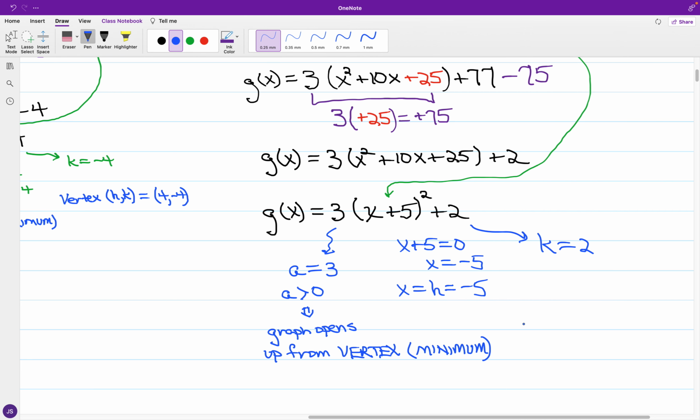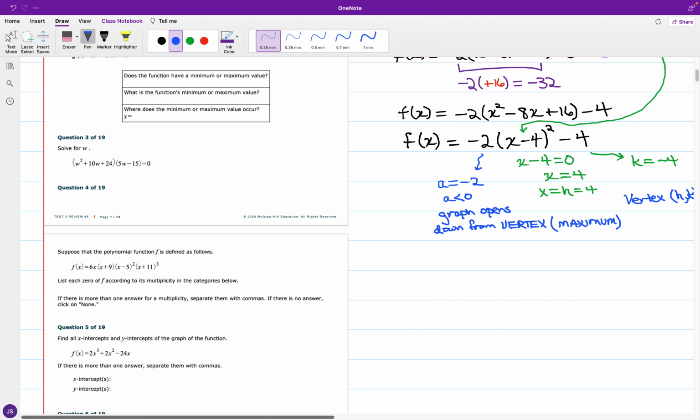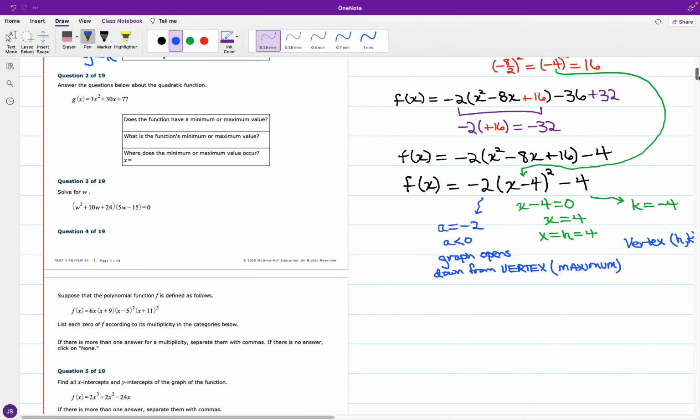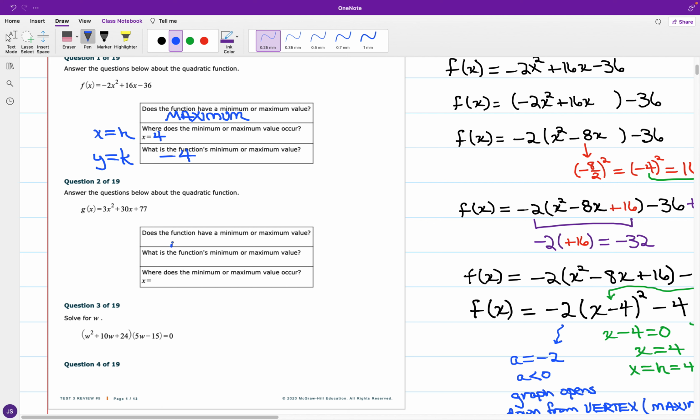So the vertex (h, k) is going to be at negative 5 and 2. Again, the graph opens up, so we're going to have a minimum as opposed to a maximum. So for our first question, we have a minimum.